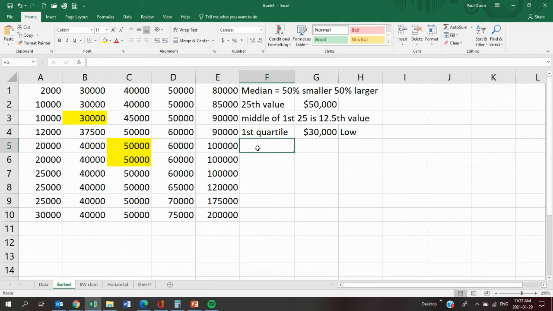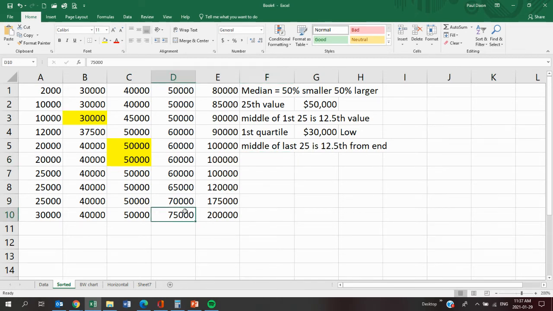And then the middle of the last 25 is the 12 and a half from the end. So that would be counting backwards.